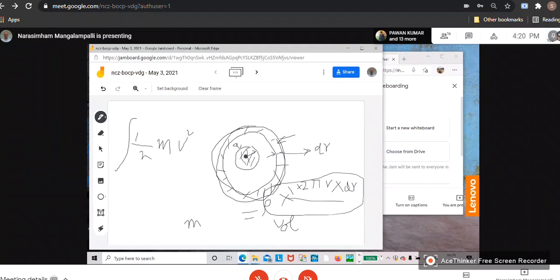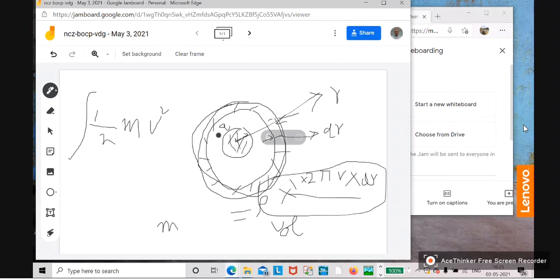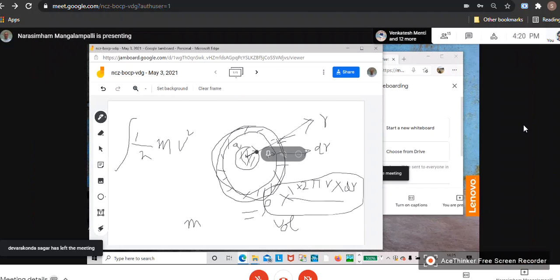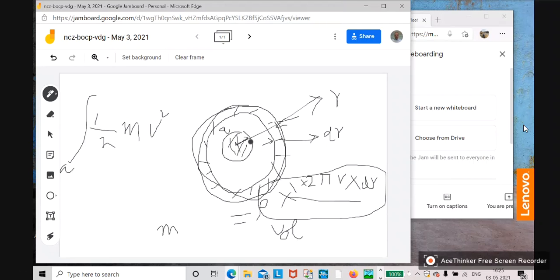R is in this direction. The value of r on the circumference of the cylinder is a, so the lower limit is a, and the upper limit is infinity.